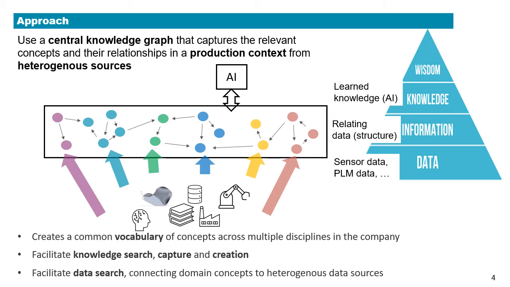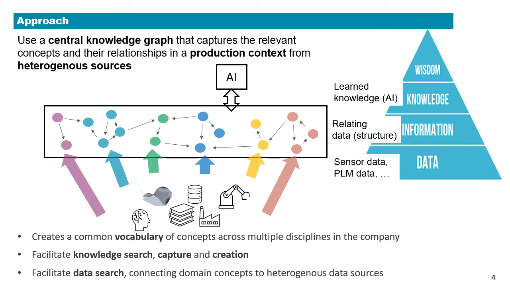Our idea here is to use a knowledge graph at the center of the data architecture, which is able to capture all of the relevant concepts and the relations between those concepts contained in these different heterogeneous data sources that are typically found in a production context.